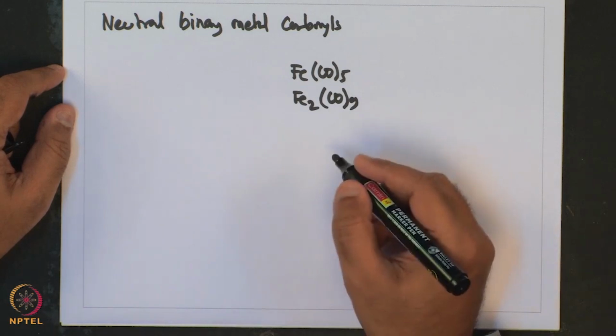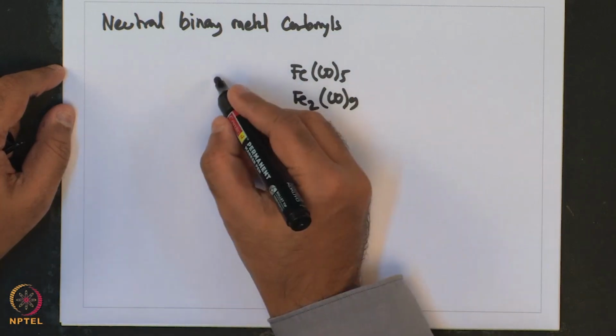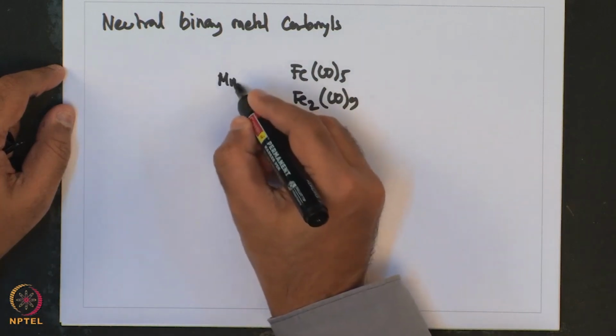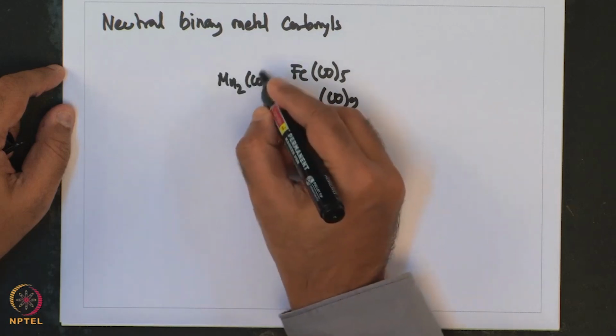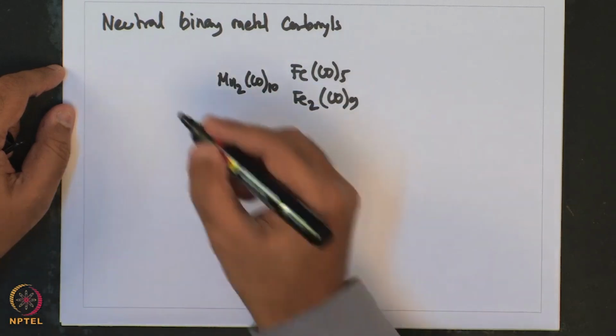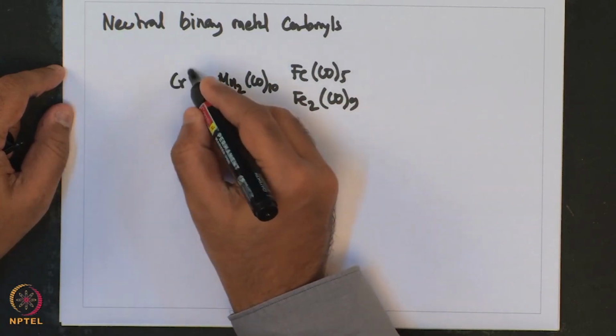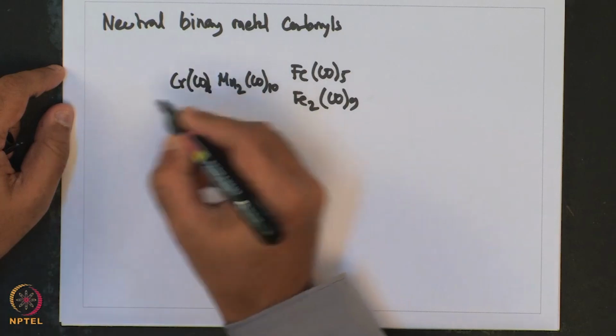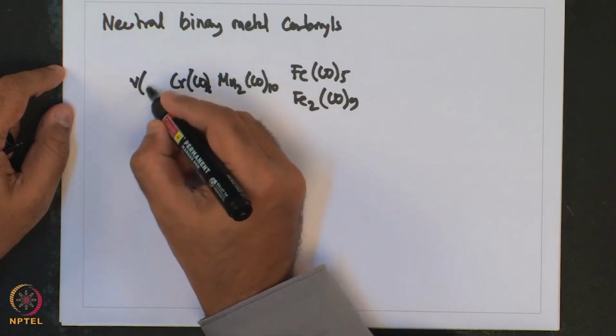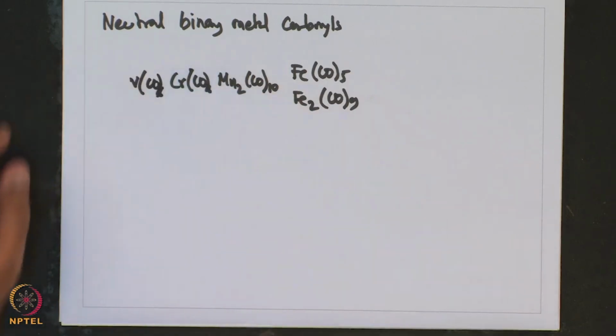Similarly, there are examples of manganese, Mn2(CO)10, or chromium, Cr(CO)6, or vanadium, V(CO)6.